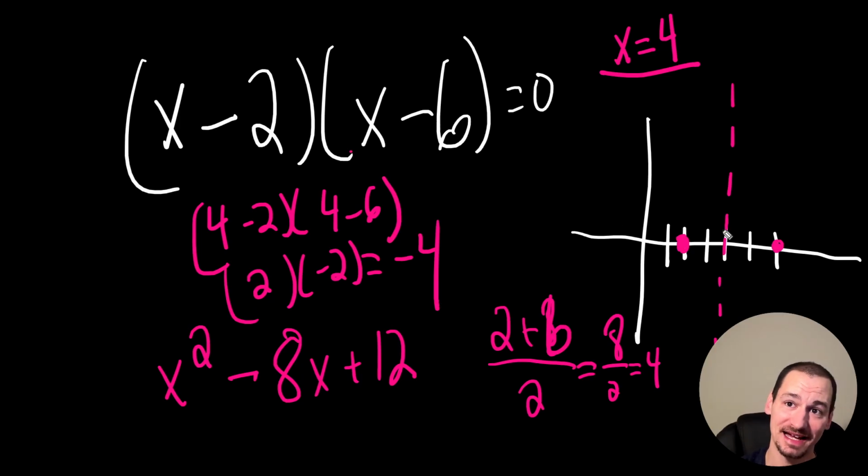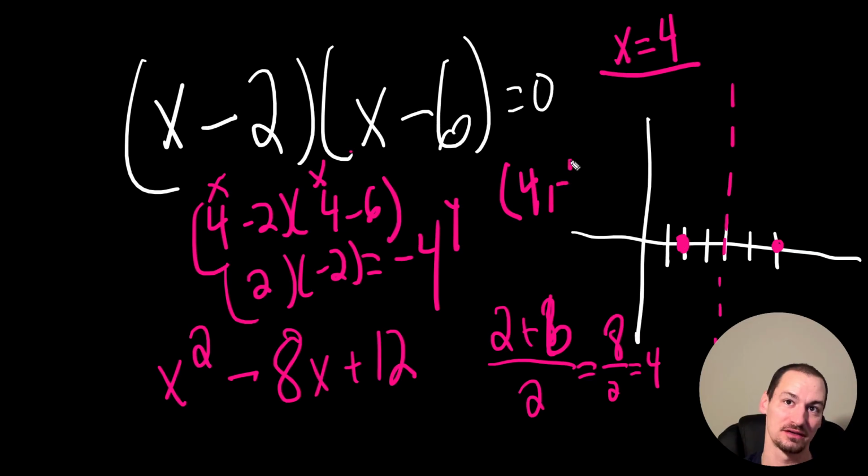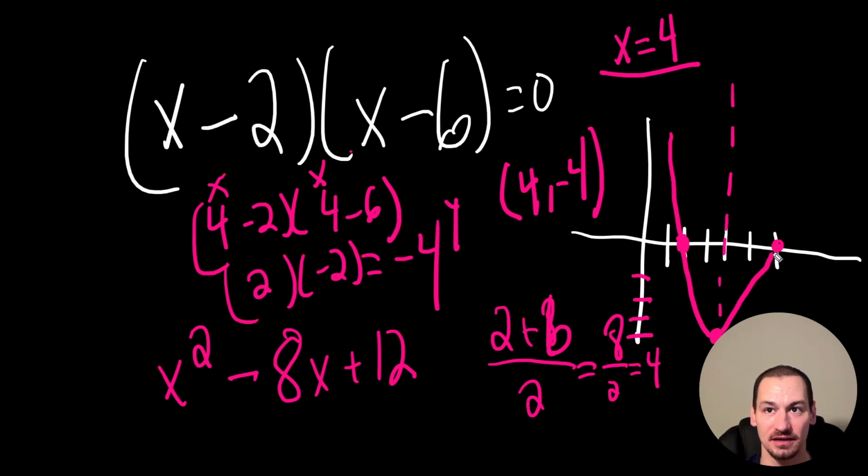So if my x is 4, see how this is my x and this is my x, it gets me a y that's -4, and now I have both parts of my vertex. And if I put that on the graph right here, you'll see that nails my vertex down pretty well, and I'm able to draw in my quadratic a little more accurately.